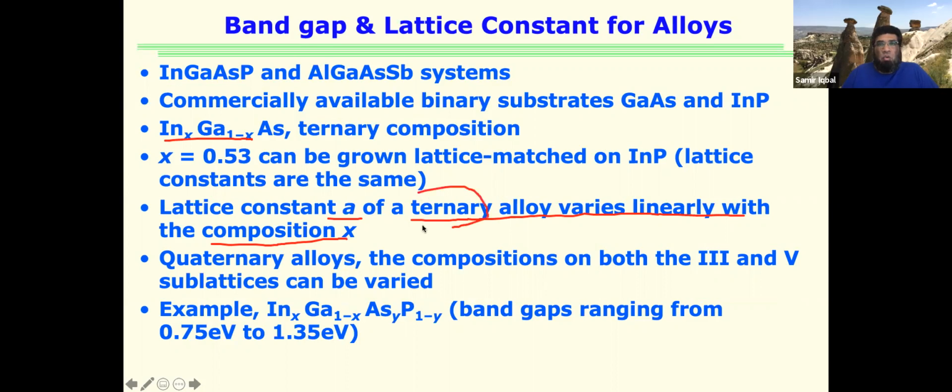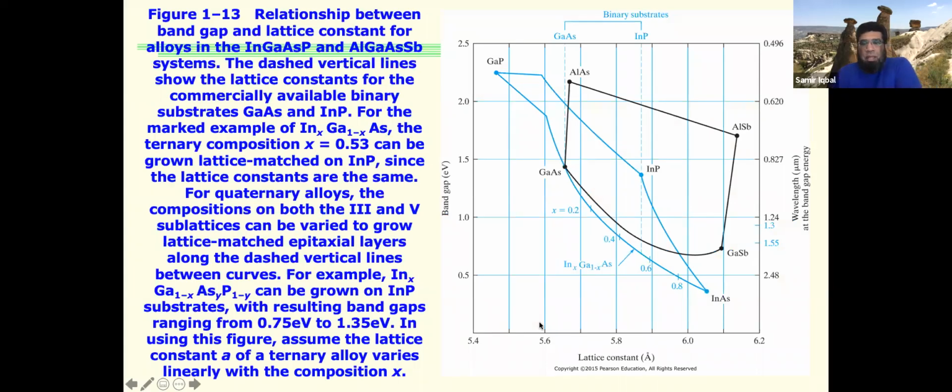But if it is a quaternary alloy, then it is not a linear change. Then we calculate the change, so we know the change, and that's what we plot, like it is shown on this slide. Now I'm ready to dig deeper on this.